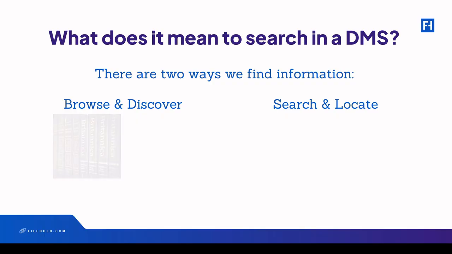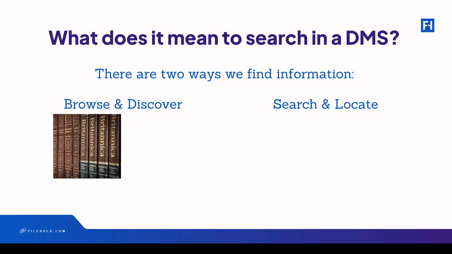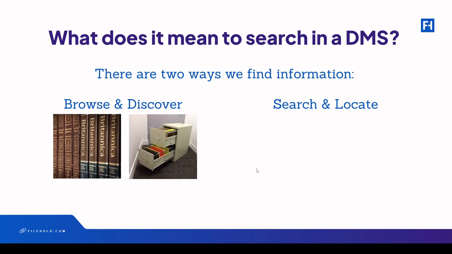Now we know these ways of working. If you browse and discover, the simplest example might be an encyclopedia. You look at the context clue for the encyclopedia, such as the letters that it covers or what volume it is. You open it up, you flip through the pages, you discover the information as you go. You're not directly taken to what you need. Another example would be a filing cabinet.